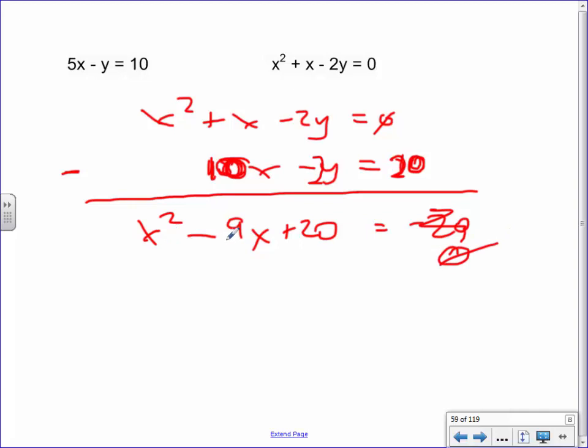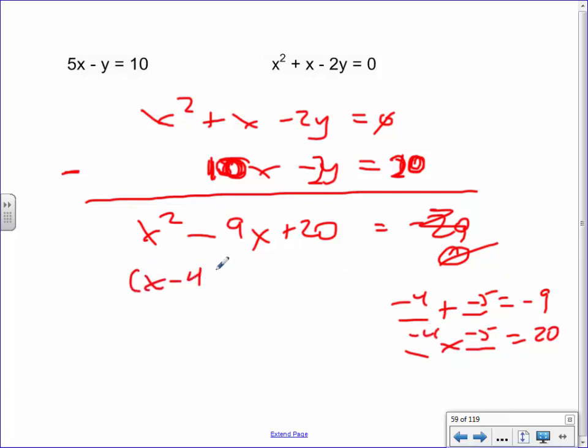What numbers add to give minus 9 and multiply to give 20? Yeah, -4 and -5 in some order. So I can actually go right to this. x minus 4, x minus 5 equals 0.